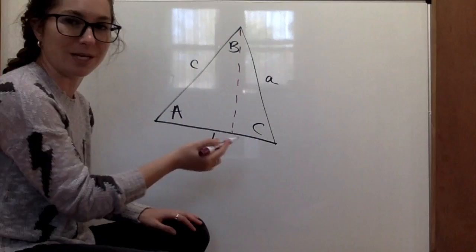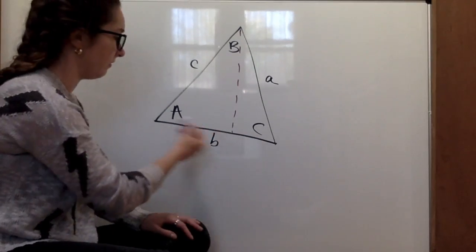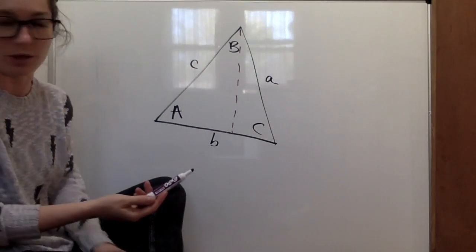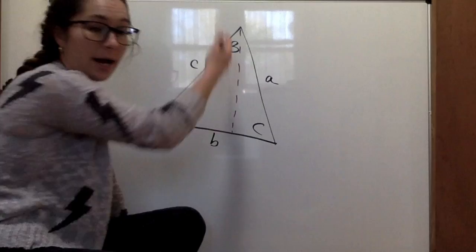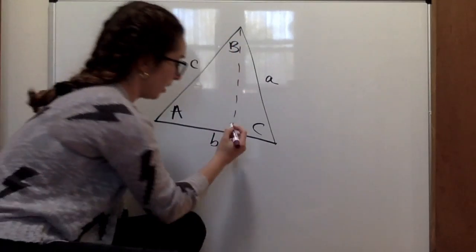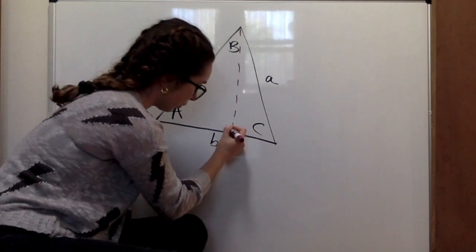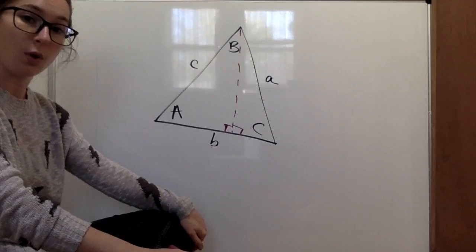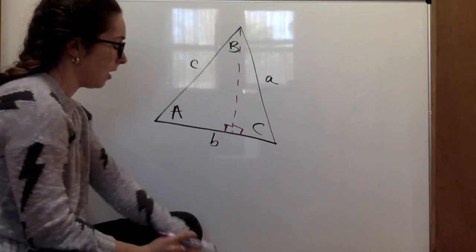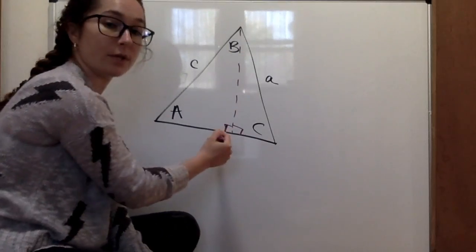These are not necessarily the same triangle, because I don't know if this is an isosceles triangle. I don't have that information. But basically I'm drawing a height, an altitude of my triangle that's going from one point to somewhere on the other side, and creating two right angles with this bottom side. So I have a right triangle on this side and a right triangle on this side.